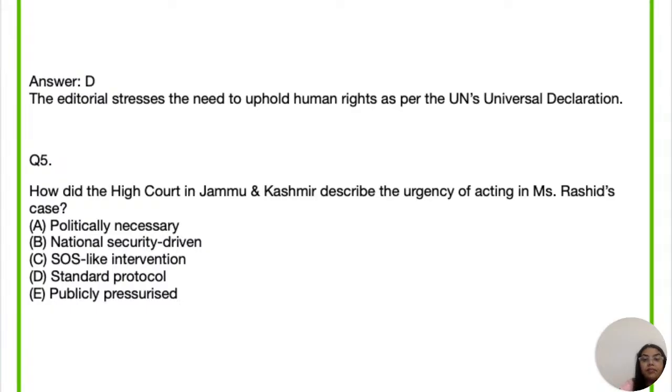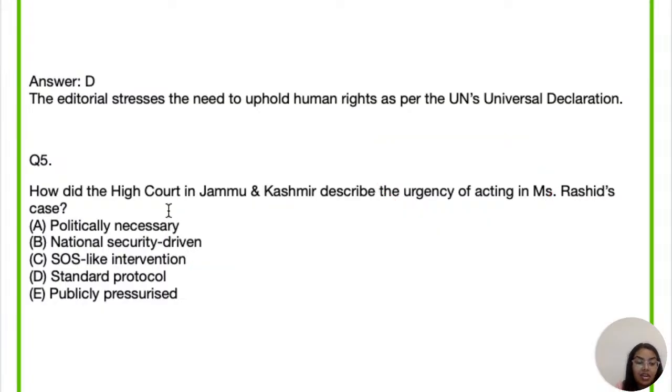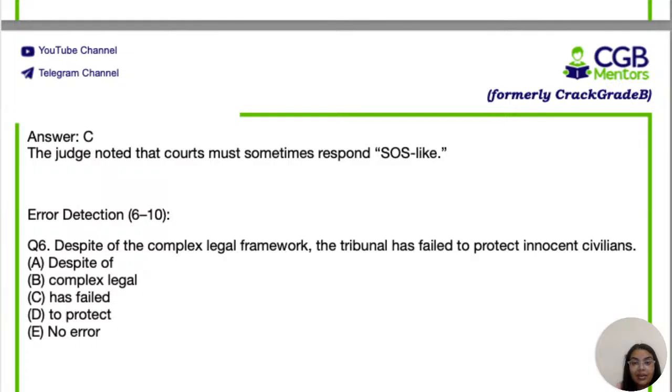Answer is C. How did the court in Jammu Kashmir describe the urgency of acting? It was SOS like intervention. This was the very term mentioned, so I hope आपको मैंने SOS समझाया भी था, आपको याद है. Next one.